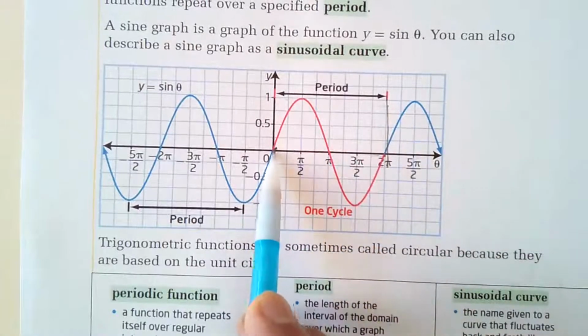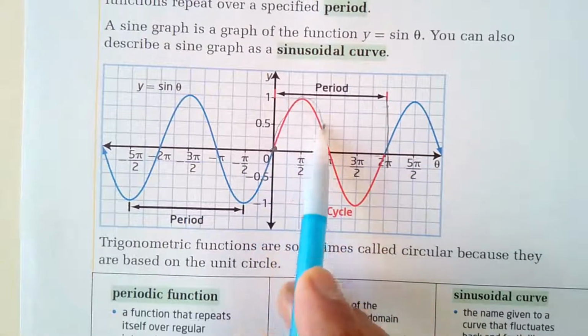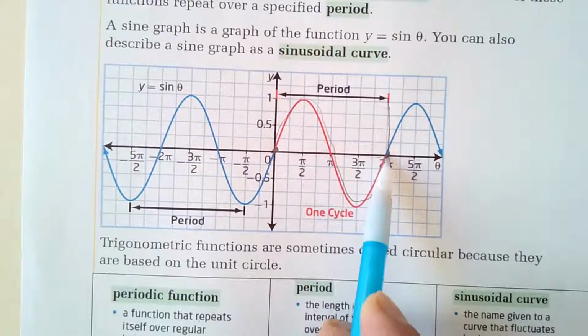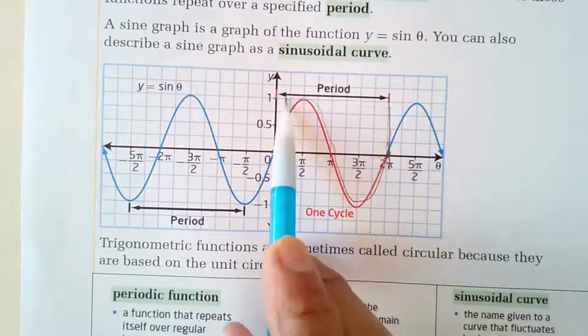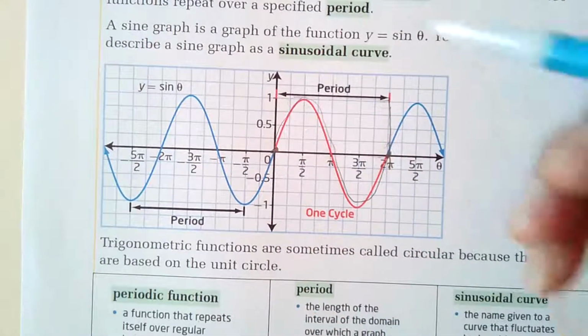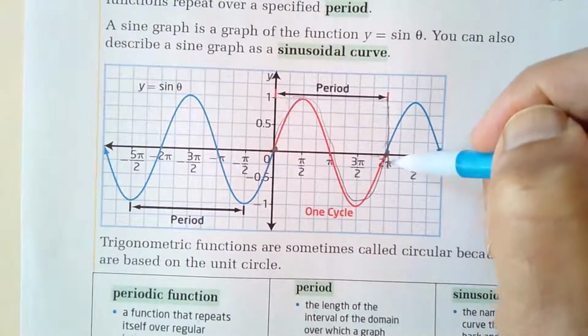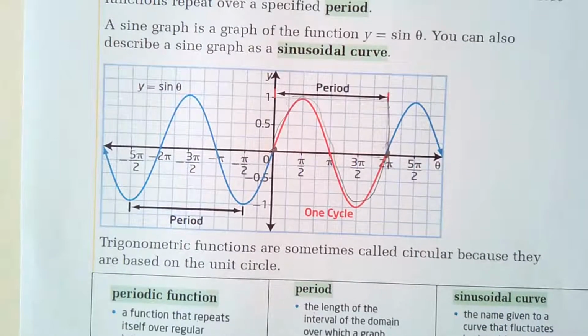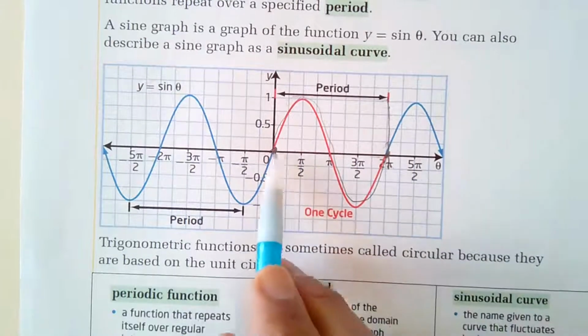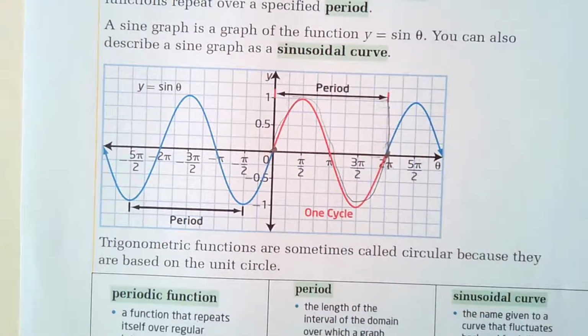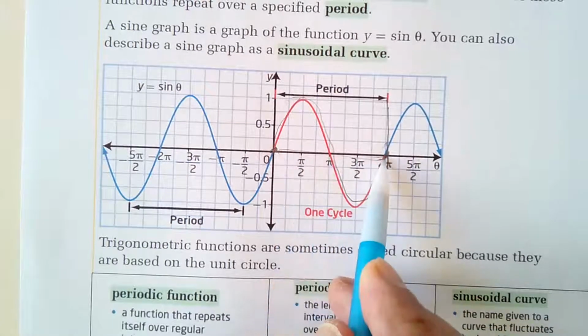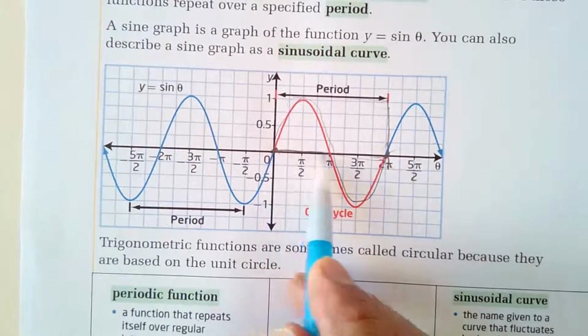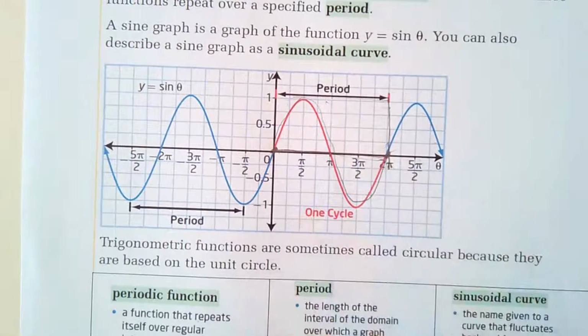A cycle starts from 0 here, goes up, goes down, comes back, and starts to repeat itself. So this would be a period. In this case, it is 2 pi, or 360 degrees. So the period is the length of this interval here, over which the graph repeats itself. From here to here is the period.